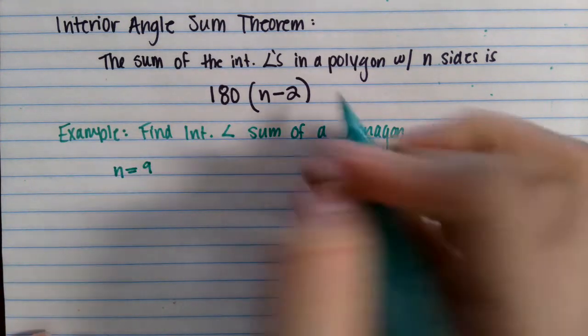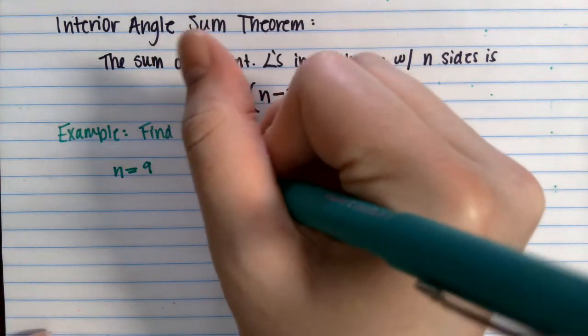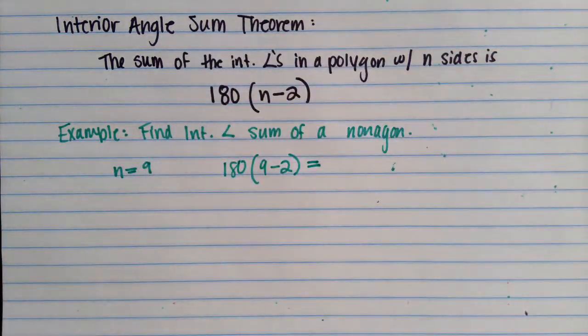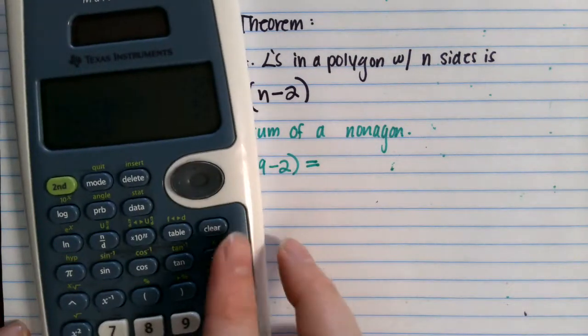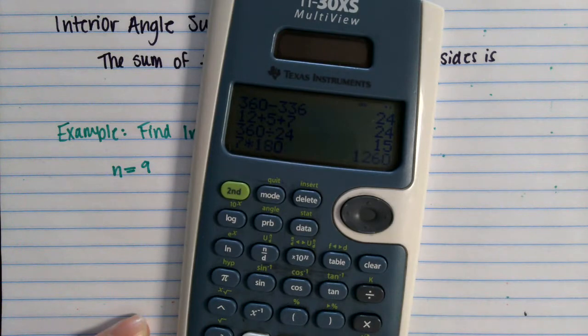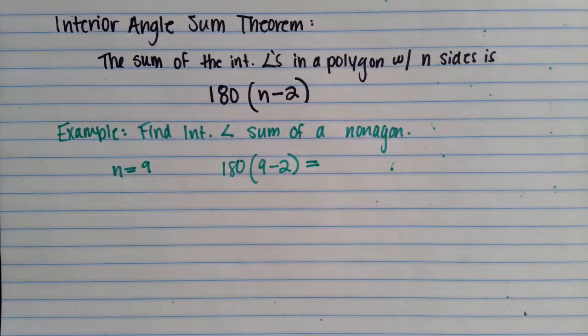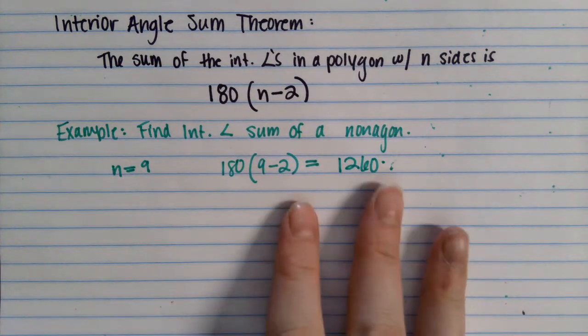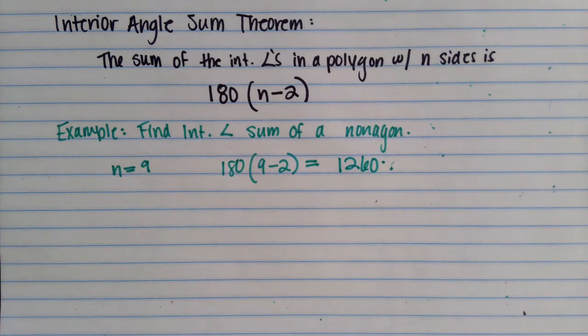Then we can just plug that into our formula. So 180 times 9 minus 2. Well, 9 minus 2 is 7, so 7 times 180 is 1260. And that's it.